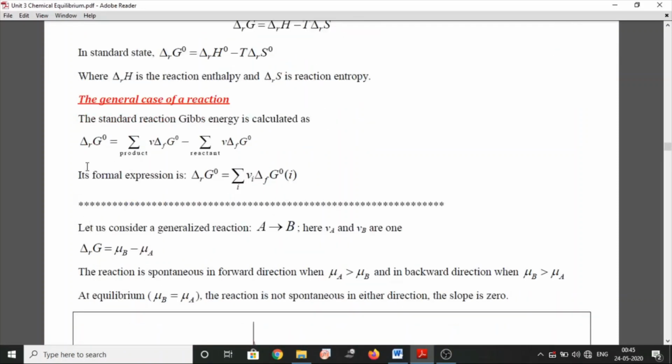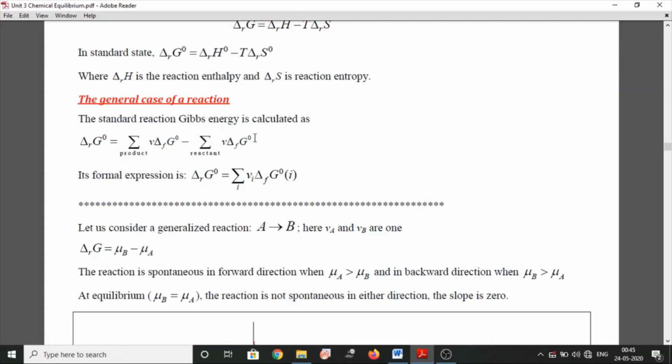The reaction Gibbs energy at standard state is equal to the sum of Gibbs energy of formation at standard state of products minus the Gibbs energy of formation of reactants. Again I am repeating, the Gibbs energy of reaction at standard state is equal to the sum of Gibbs energy of formation of products minus the sum of Gibbs energy of formation of reactants.